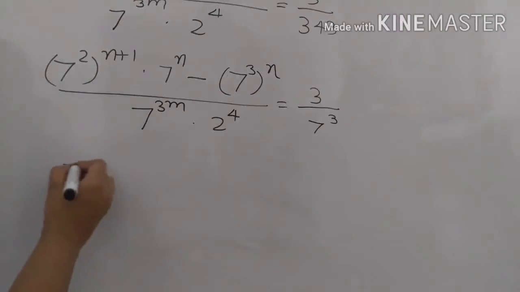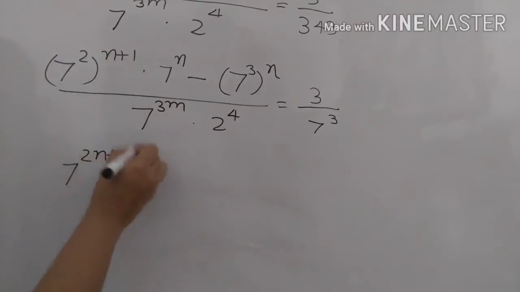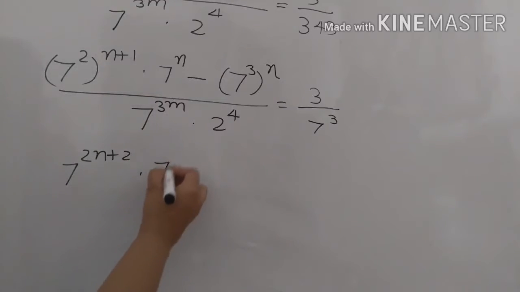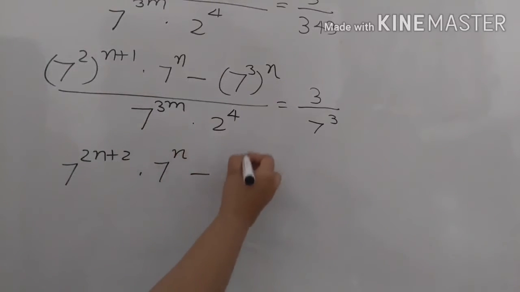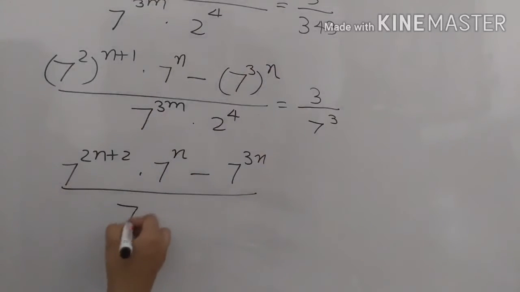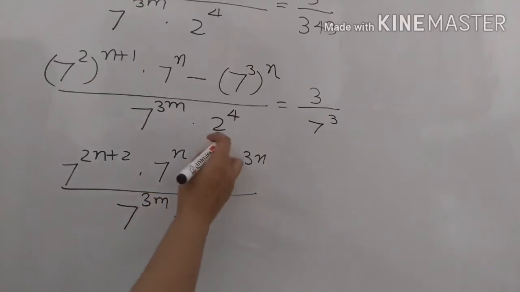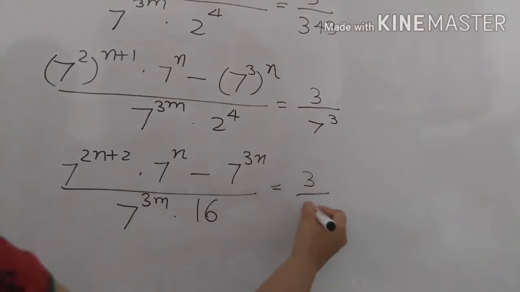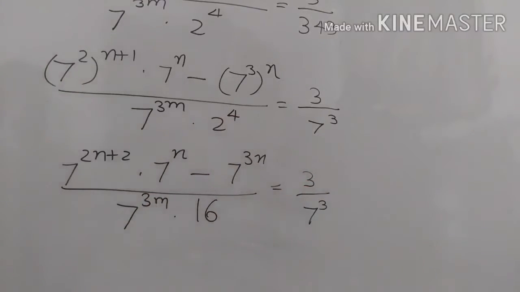Now here 7 raised to 2n plus 2, by multiplication of 2 with n plus 1, into 7 raised to n as it is, minus 7 raised to 3n, 3 multiplied by n. In the denominator, 7 raised to 3m into 2 raised to 4 is 16. So here 3 and here 7 cube as it is.